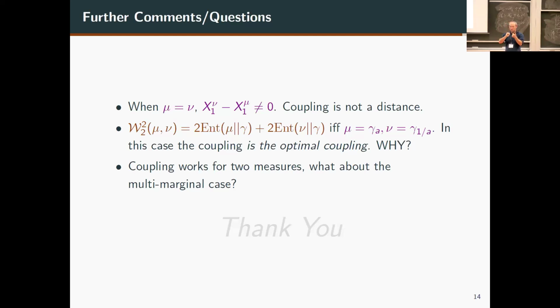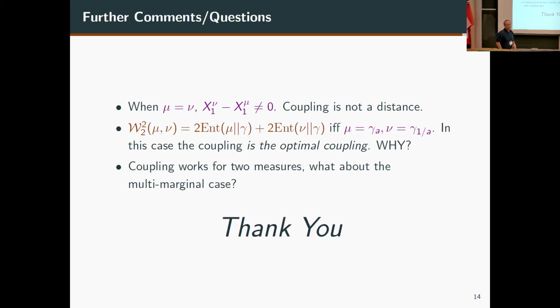So the question is, how can I reverse time more than once? And this is not clear. I mean, this is not a bug. It's a feature of that coupling, but maybe there's a way to generalize it further to get more generalized couplings. Okay, and this is mostly what I wanted to say, so thank you.